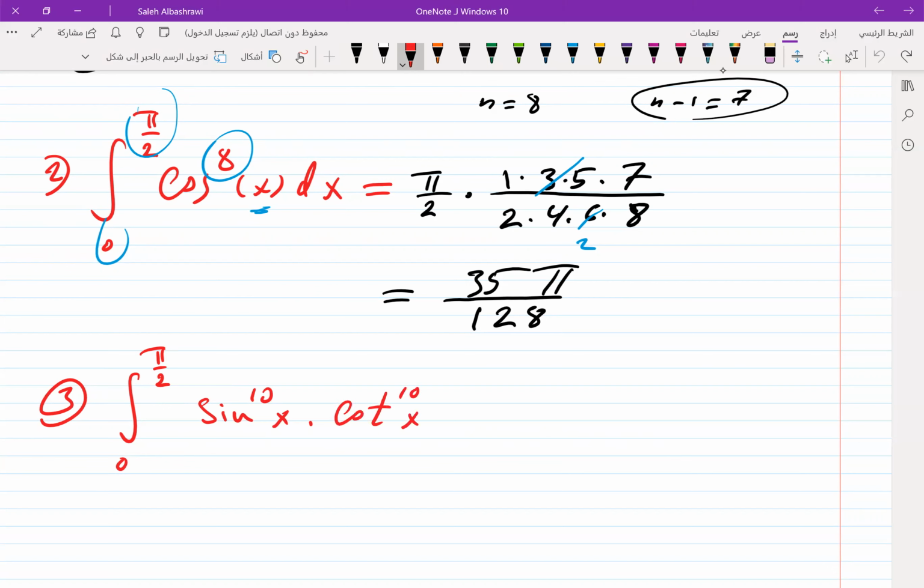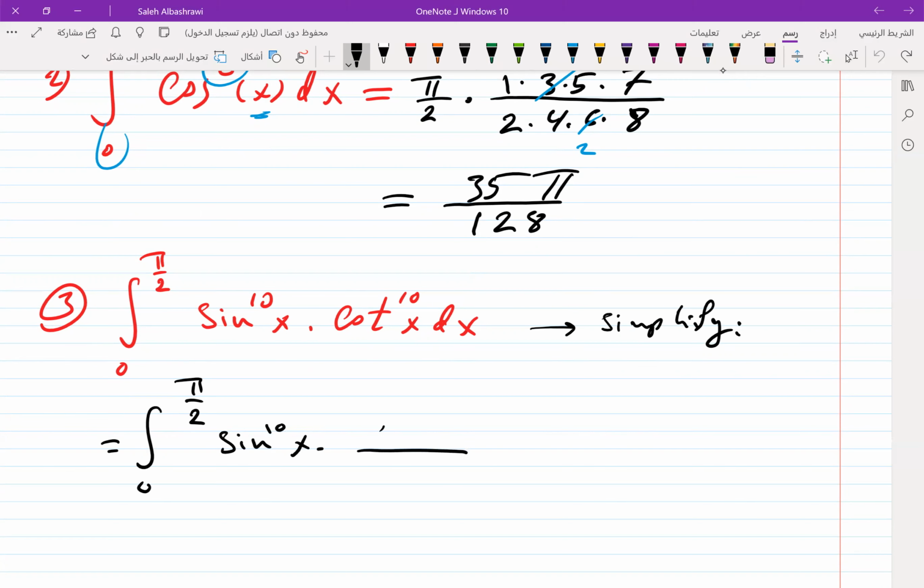I have sine to power 10 and cotangent to power 10. So let's simplify. I have 0 to pi over 2 multiplied by sine to power 10 x multiplied by cotangent, which is cosine to power 10 divided by sine to power 10 x.